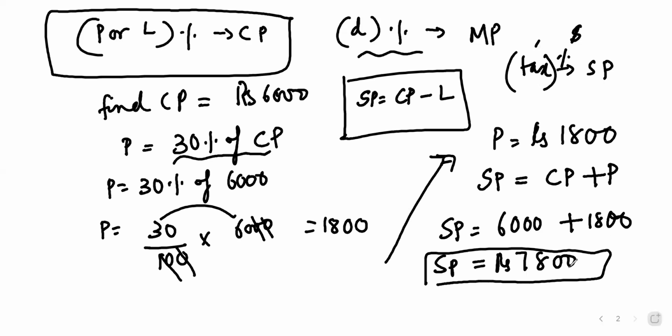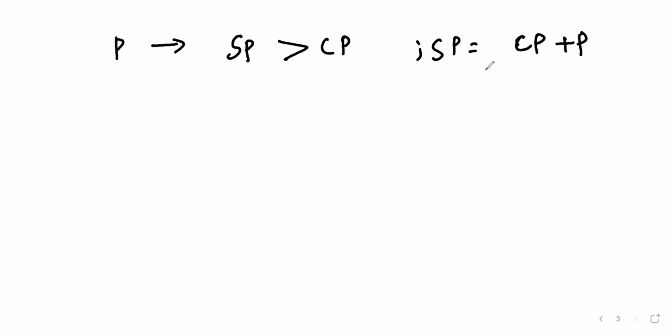So profit or loss, because see, profit occurs when the selling price is more than cost price. And what is the formula to compute? In that case, selling price is cost price plus profit. Or we can say selling price minus cost price will give you profit, both.